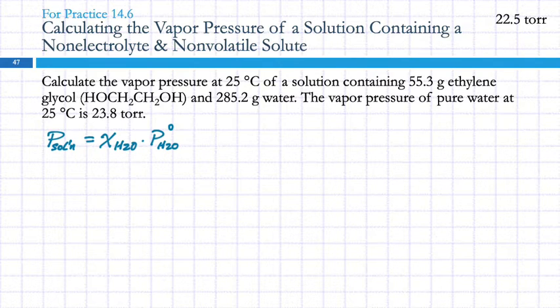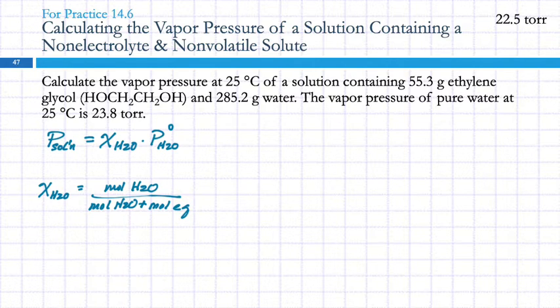So we need the mole fraction. The mole fraction is going to equal the moles of water divided by the total moles. Should be the moles of water plus the moles of the ethylene glycol. I'm going to call it EG.